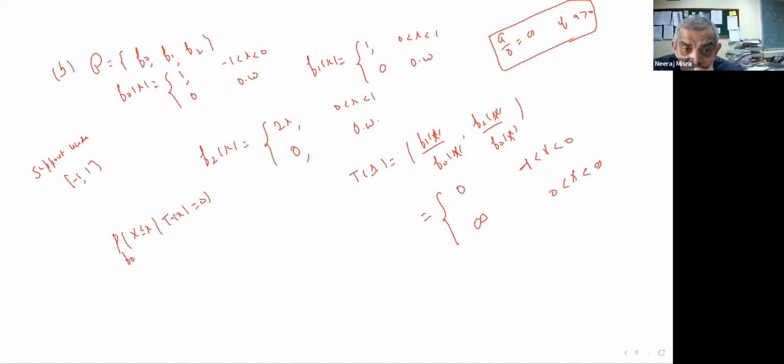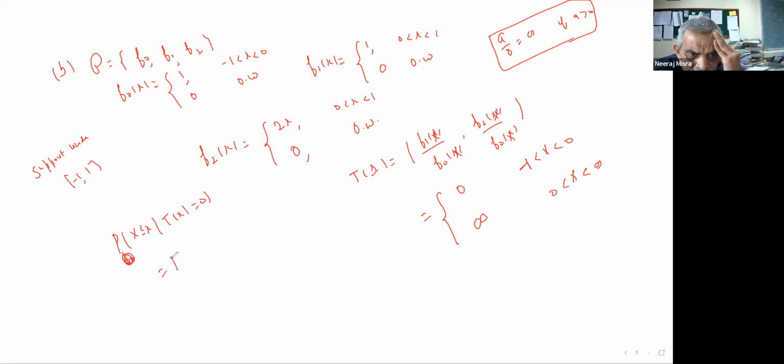If T was sufficient, then this quantity would be the same under F0, F1, F2, because it does not depend on theta. That is what the definition of sufficiency says: the probability distribution of x given T does not depend on theta. And here theta is either F0 or F1 or F2, or you can write theta as 0, 1, 2.